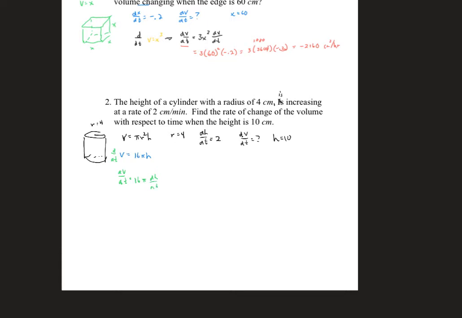We can plug in what we know. The dv dt is what we're trying to find, and dh dt is 2. And the height being 10 doesn't really make any difference in this case. So it'll just be 32 pi. Since that's a volume, it's going to be in cubic centimeters, and the time, I think, was in minutes. Okay, let's see what we've got on the next one.